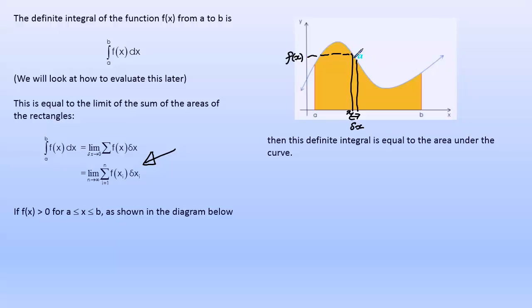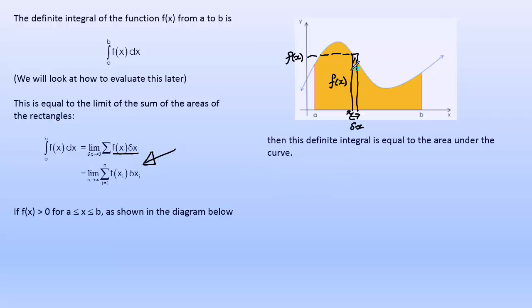Now it's clear that this isn't a rectangle, but if it was really thin it would be approximately a rectangle, and the height would be f of x, and the width delta x, f of x delta x.